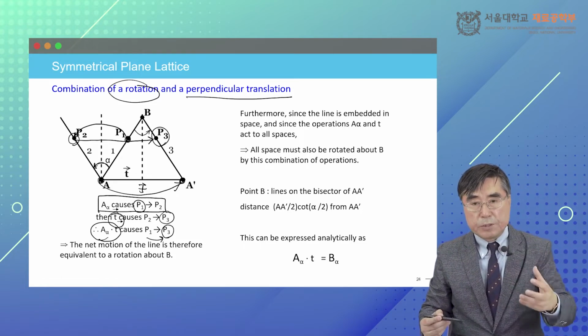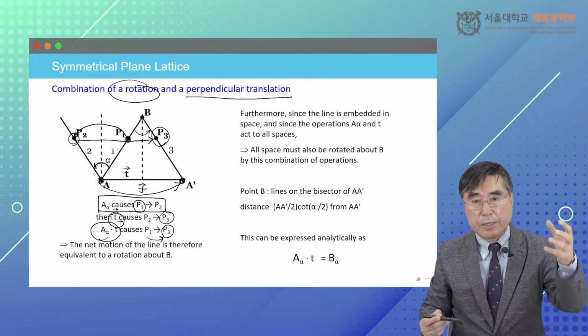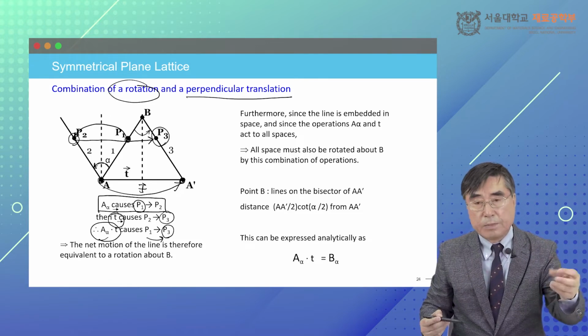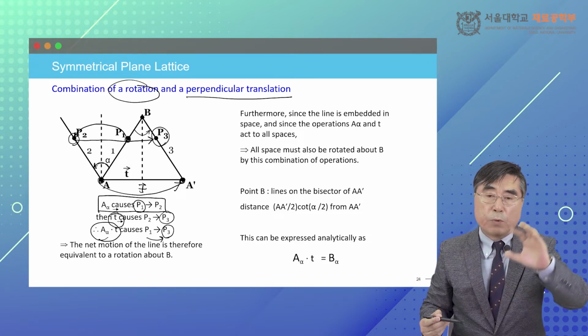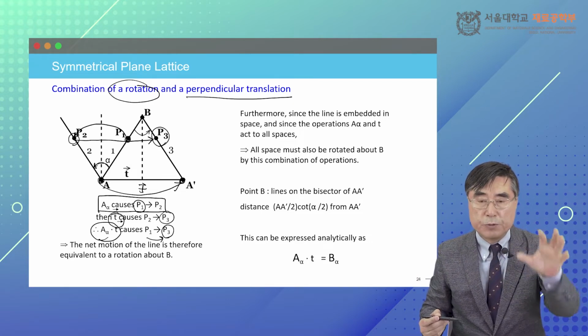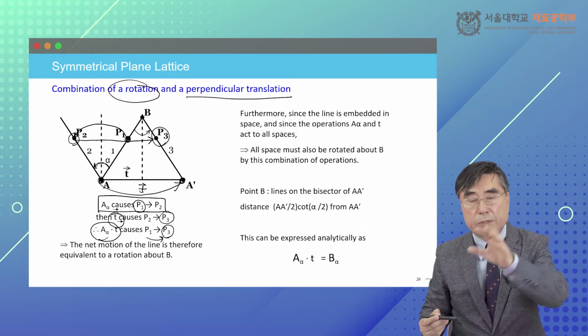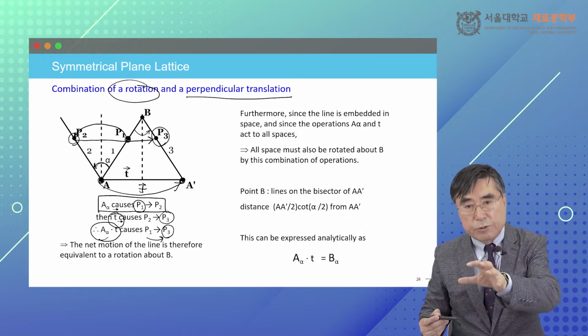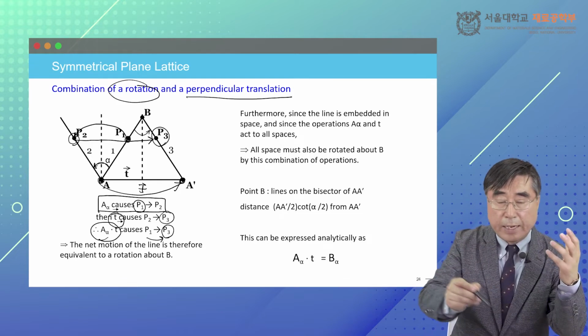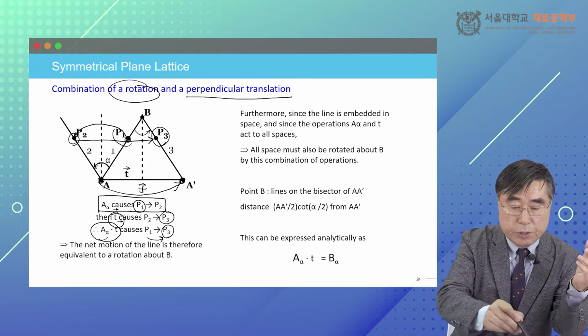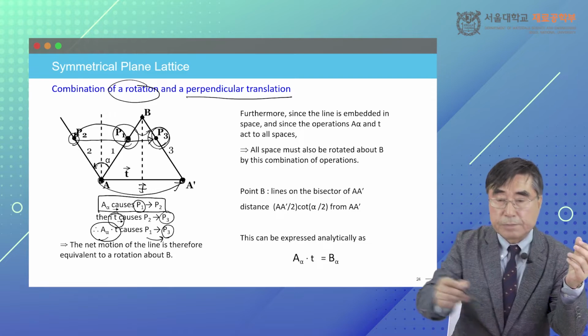So rotation is something that we want to put in the lattice point as symmetry. But we remember that there are translation vectors. So whatever rotation operation we do, we have to think that rotation and translation should generate another one. So this rotation and translation moves P1 to P3.